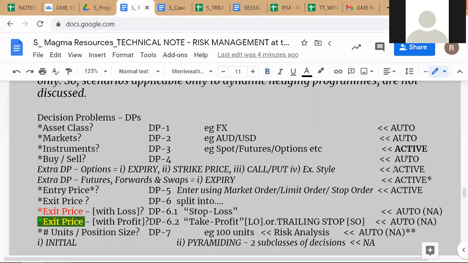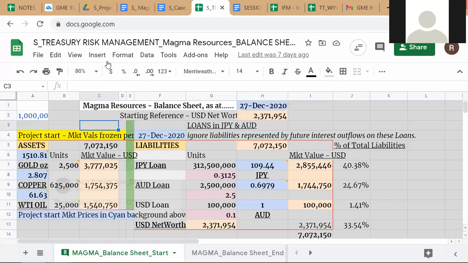But what we also saw is that, we will come to this DP4 part later. What we were discussing is DP5, which is to be actively solved. Because once again, if you go back to our example of gold, we know that DP4 was automatically solved because I look at my underlying position.